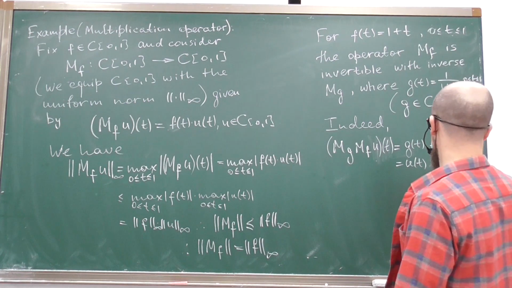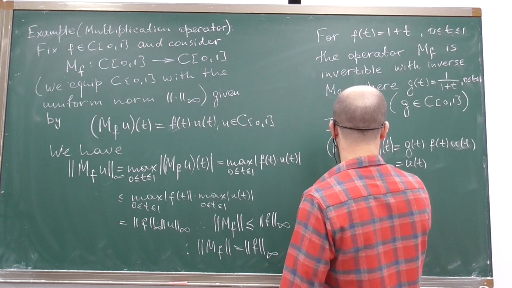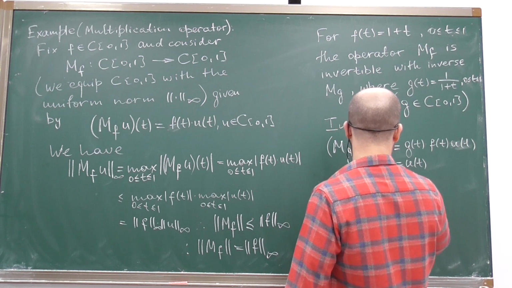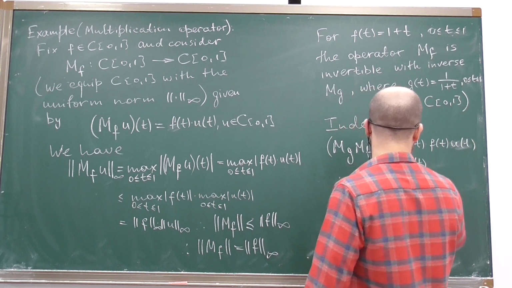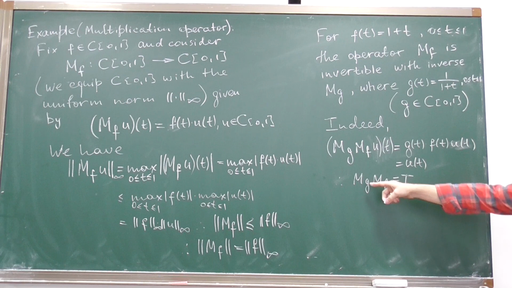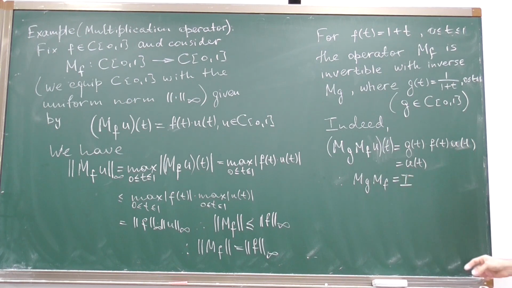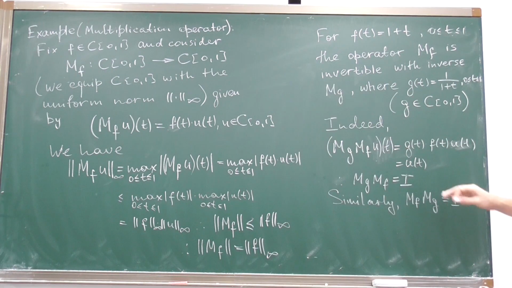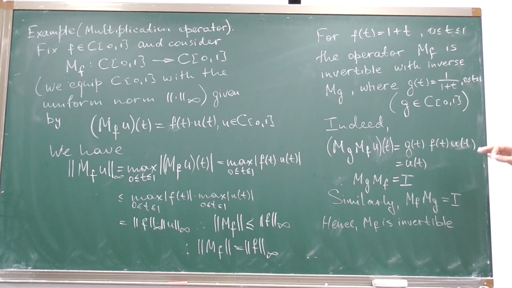which tells us that M_g M_f is the identity. Similarly, we can show that M_f times M_g is the identity as well, and therefore M_g is the inverse of M_f. So first of all, M_f is invertible and its inverse is M_g.